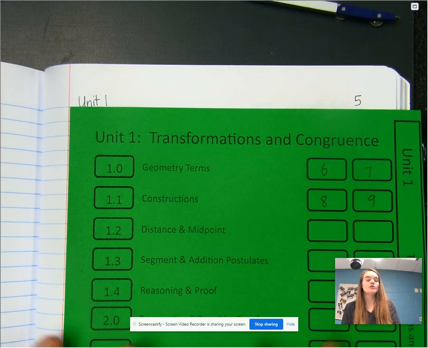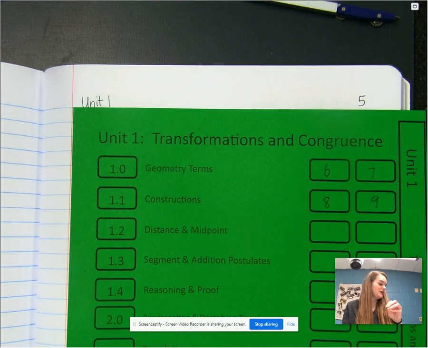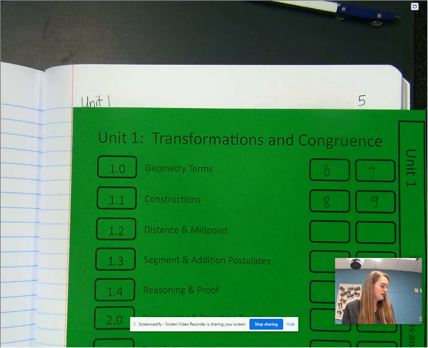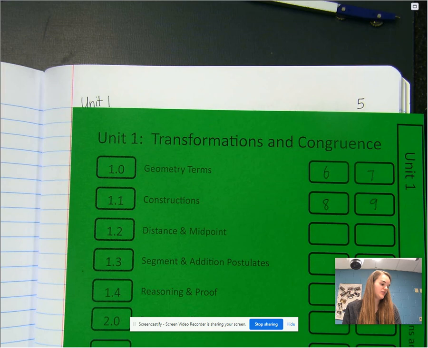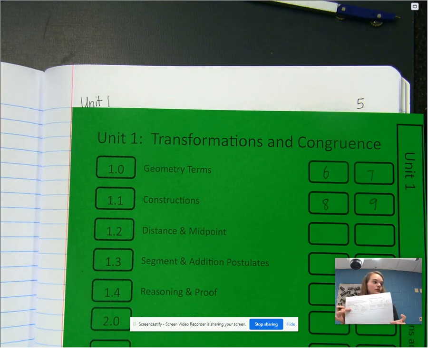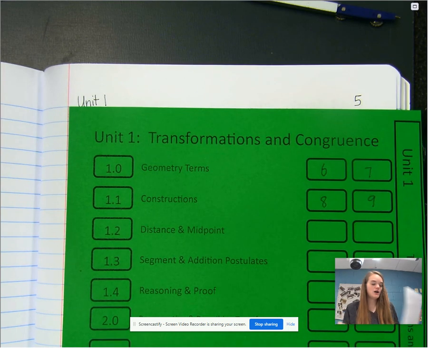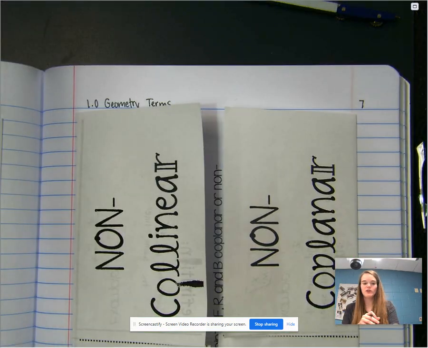Now, I'm going to put this notebook to the side because it's going to be extremely hard to write on pieces of paper that I'm going to glue in if I glue them in first. Actually, before I forget, I'm going to go ahead and title 8 and 9.